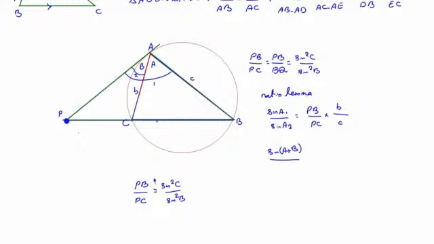Sine A2 is sine B, equal to PB over PC times B over C. We can write sine B over sine C. Now A plus B plus C is 180, so it is equal to sine C over sine B.